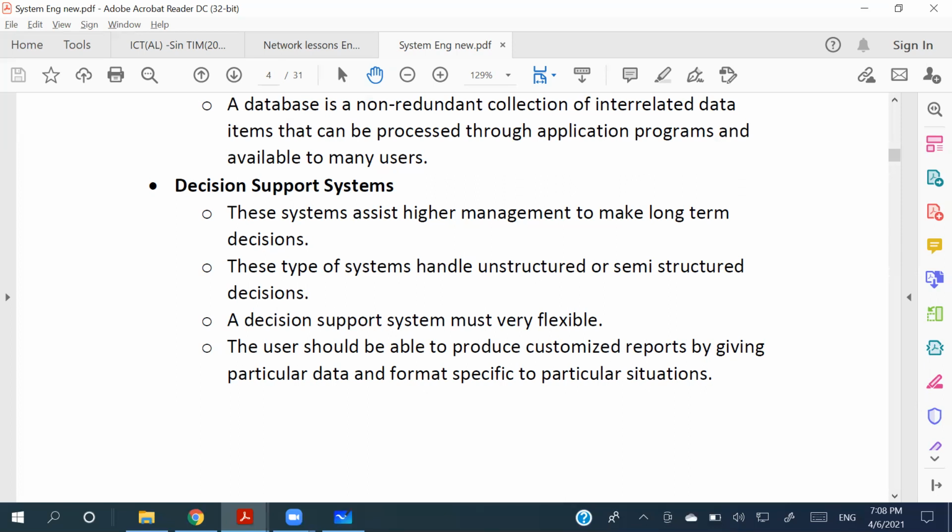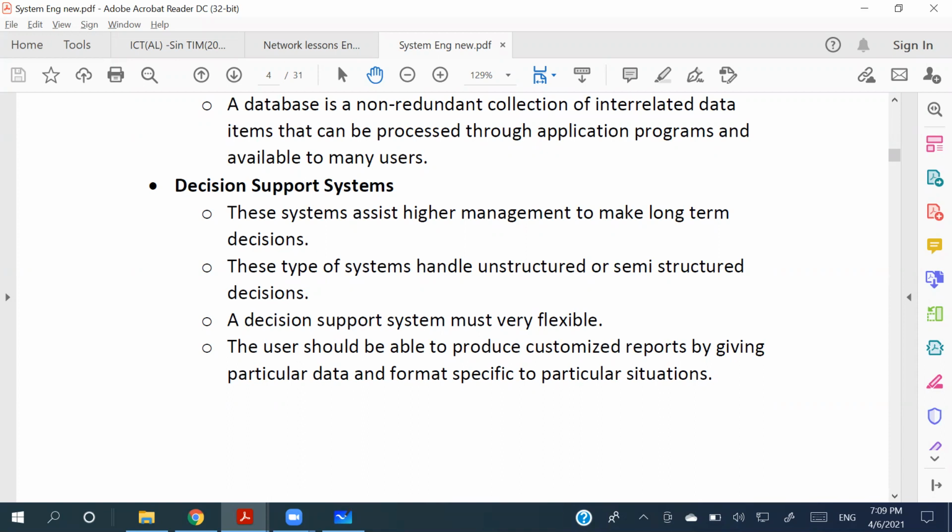So if the higher management needs to focus on the managers, like whether that particular manager is performing in a good manner, what are his capabilities of handling people, and how his or her commitment to the organization is towards a higher profit, those kinds of things can be taken into consideration with the help of a decision support system, right?